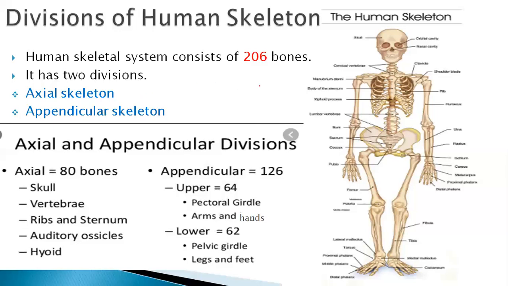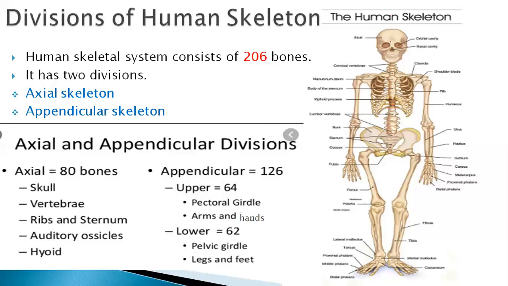This human skeleton is divided into two divisions, two categories: axial skeleton and appendicular skeleton, which we will see in a few minutes. Axial skeleton has almost 80 bones, which form the axis of the body, the main part on which the whole body depends.